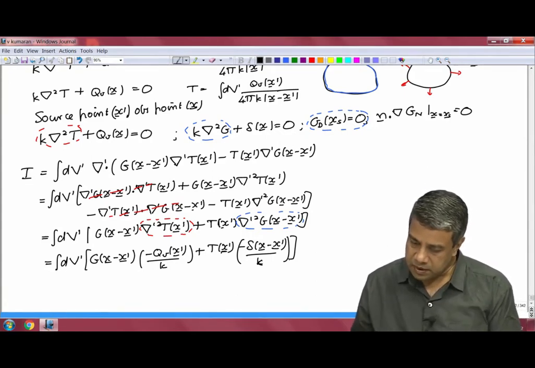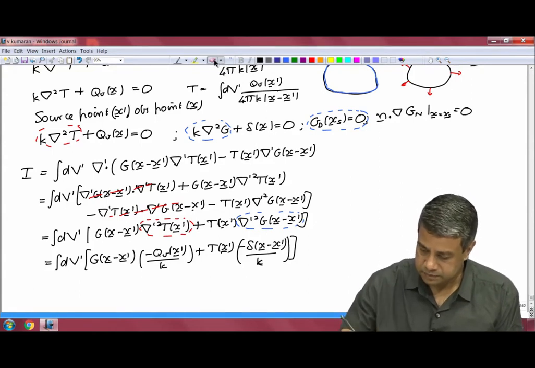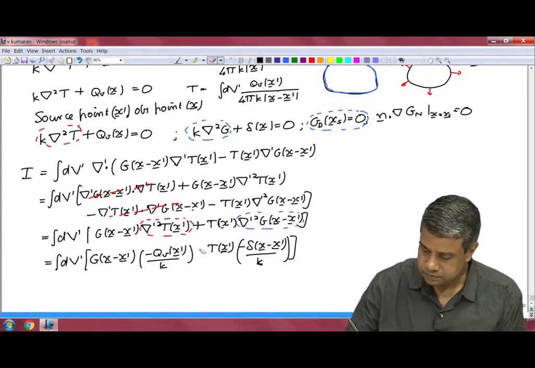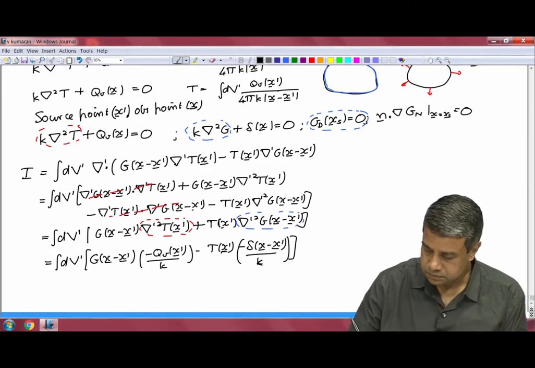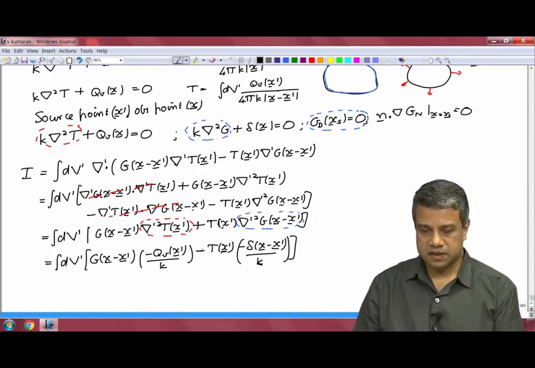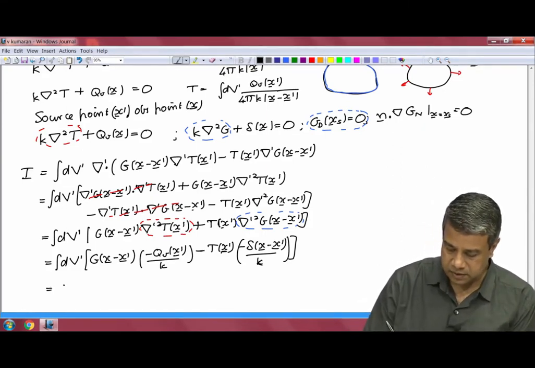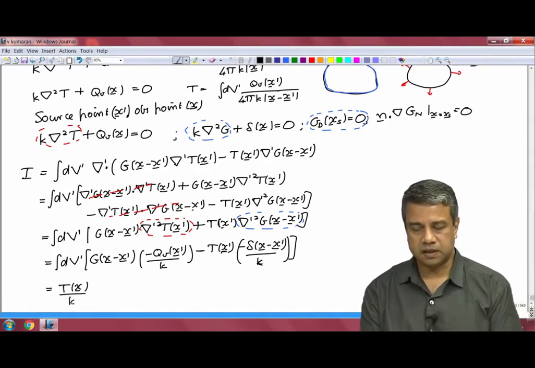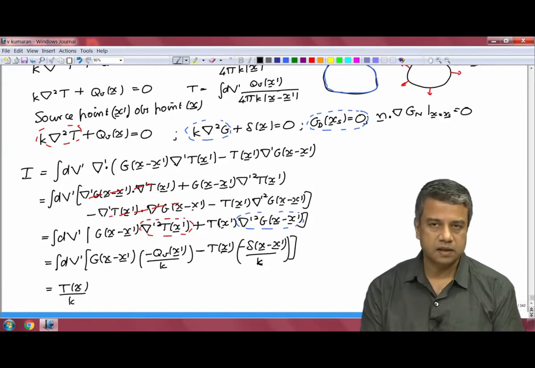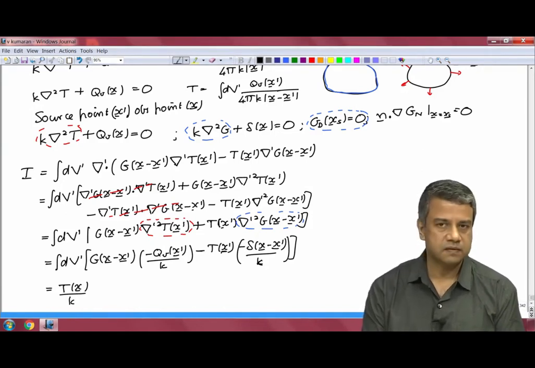And there ought to be a negative sign here. The second term you can easily see is just equal to t of x by k. T of x prime delta of x minus x prime integrated over x prime is just t of x.